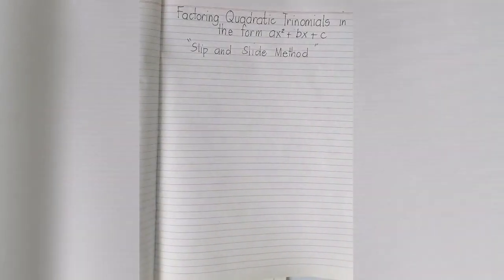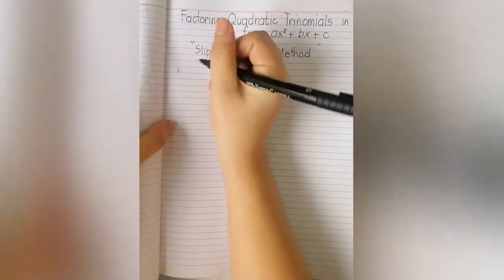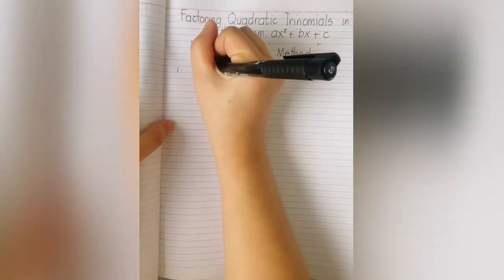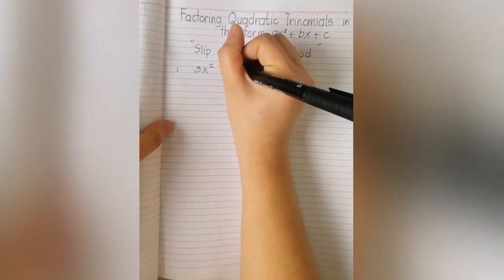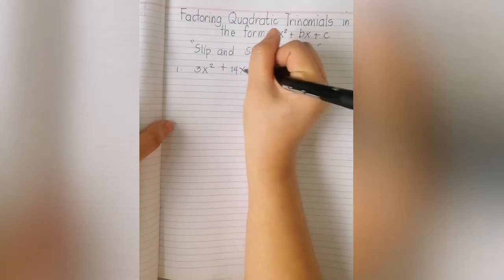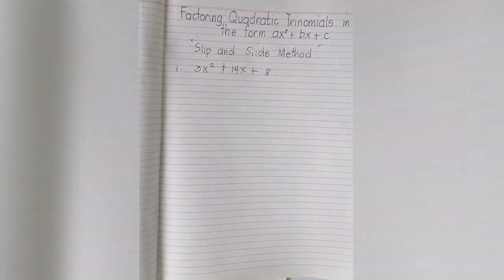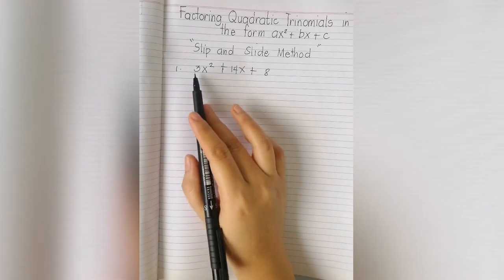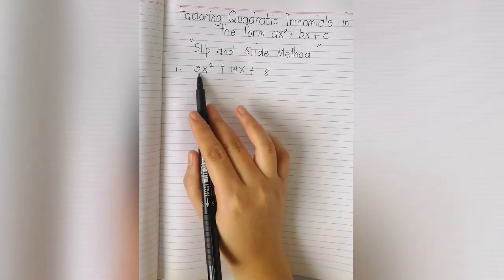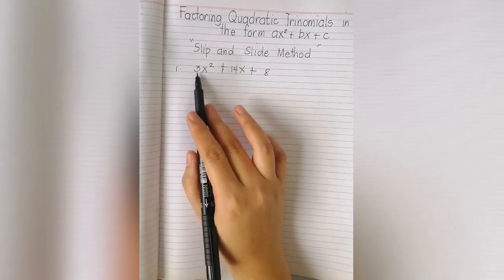So, suppose we have the first example, 3x squared plus 14x plus 8. So, paano natin hanapin yan? Again, yung sa previous lesson natin na factoring quadratic trinomial, yung coefficient natin dito is 1 or parang wala nakalagay.